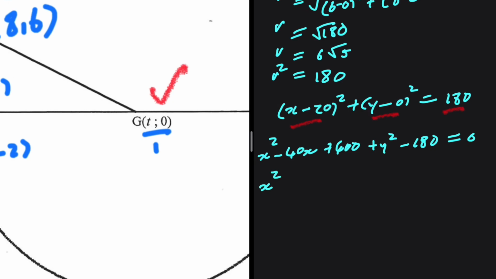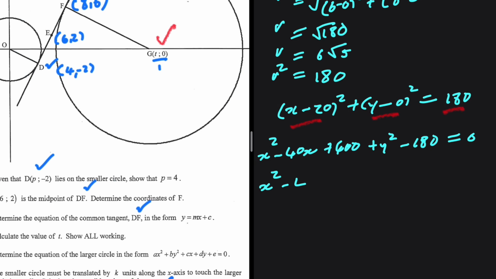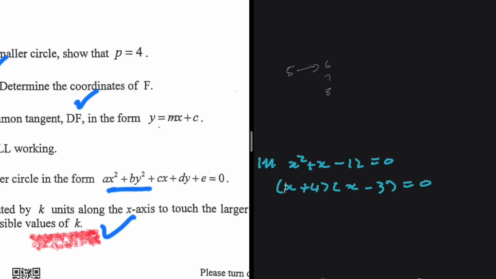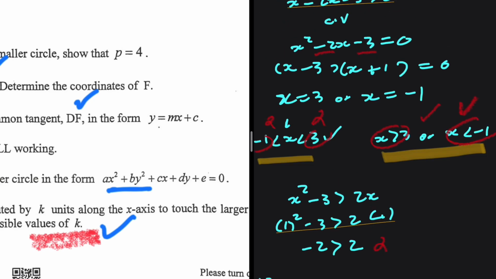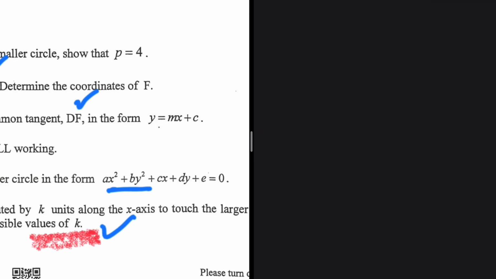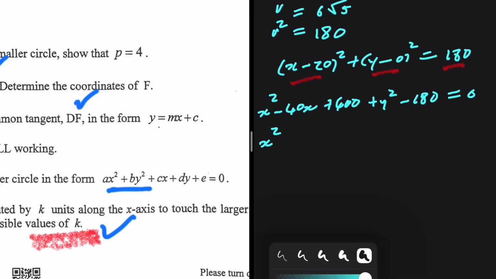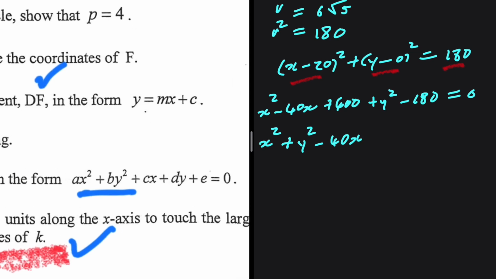So x squared minus 40x. Let me look at the form so that I don't ruin it. Okay, after x squared, I shall follow with by squared. So x squared plus y squared minus 40x, and then I need plus dy.